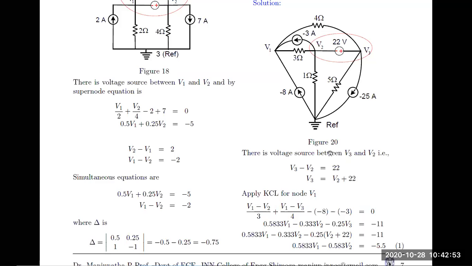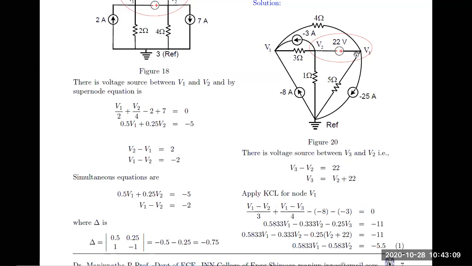So V2 minus V1 by 3, V2 by 1, it is moving away, plus of minus 3 ampere.